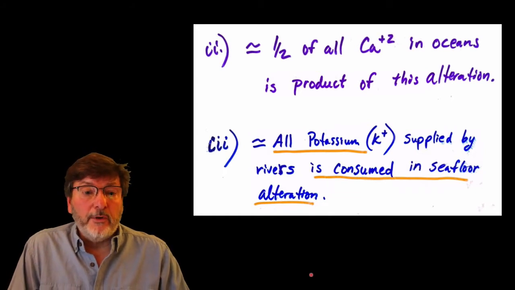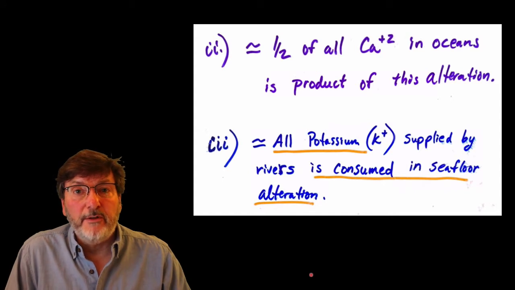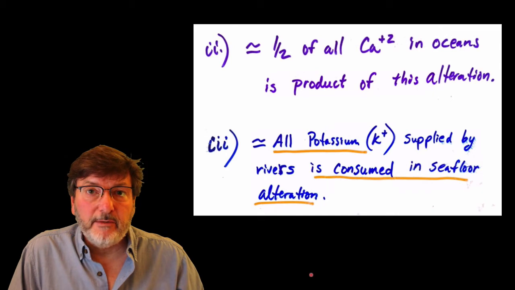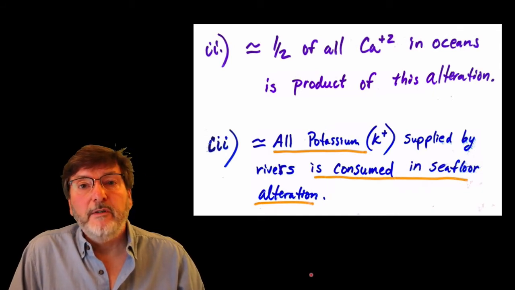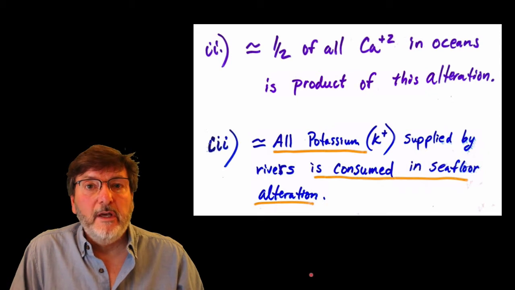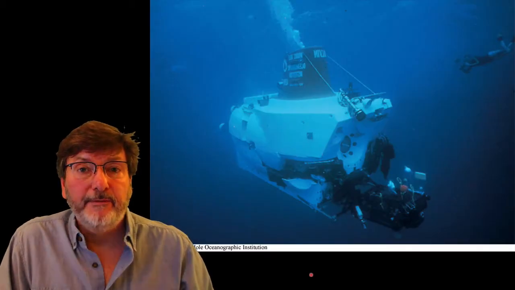About half of all the calcium in the oceans comes from alteration of the basalt on the seafloor, and about all the potassium that's supplied by rivers, the global rivers of the world, to the oceans is being consumed by seafloor basalt alteration. So it's a huge sink for potassium.